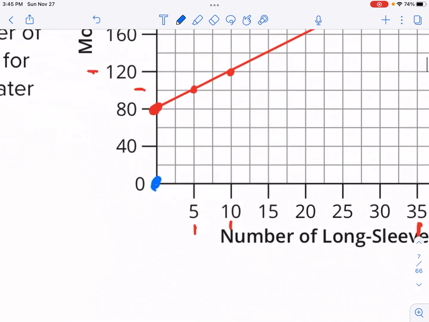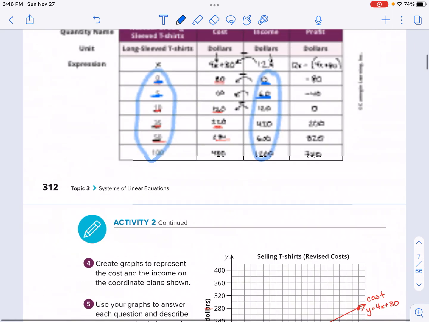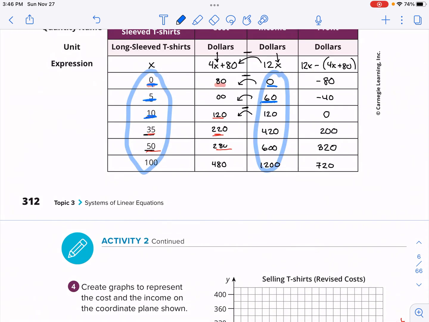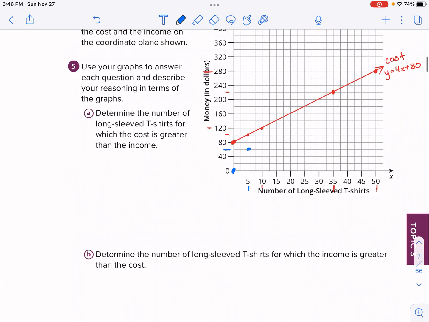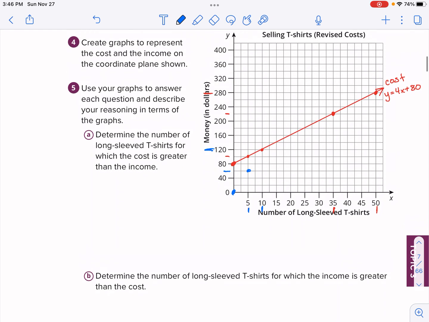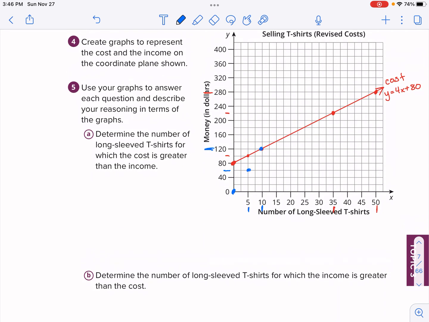Okay, so 5, 60, that's right here, and 60 is right here. So we have this point here. Next one, gotta make sure I'm looking in the right place. 10 and 120. 10, we already highlighted here. 120 is right here. So where they join, it's actually where this red point is at. So let me connect us for now.